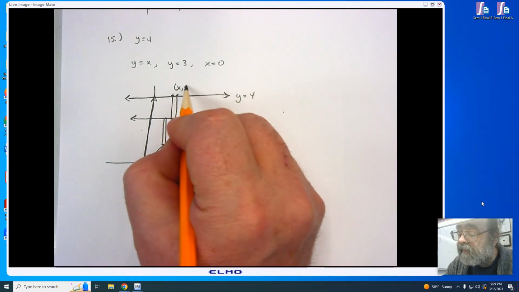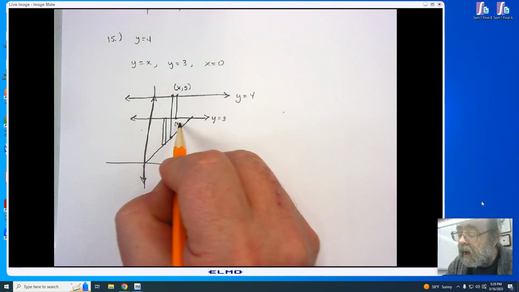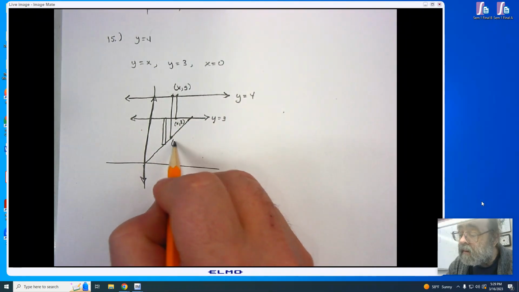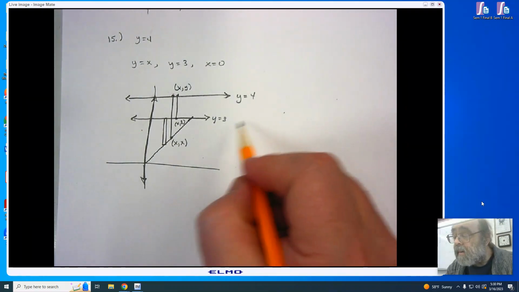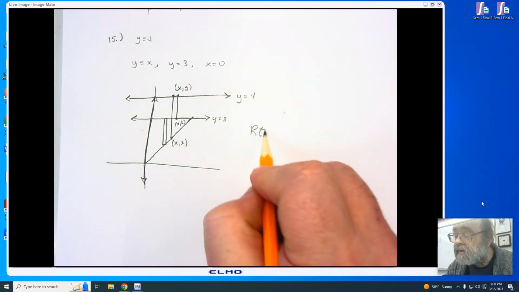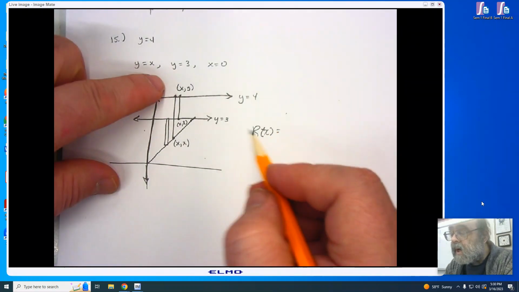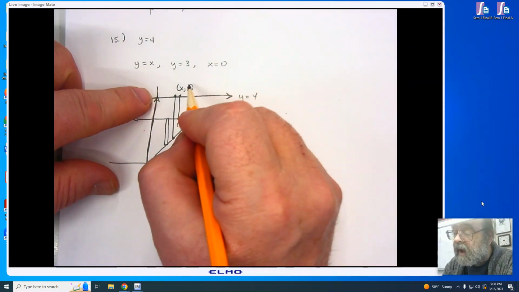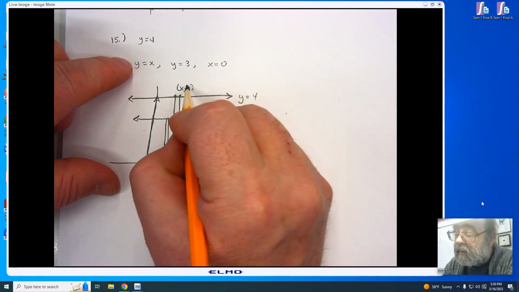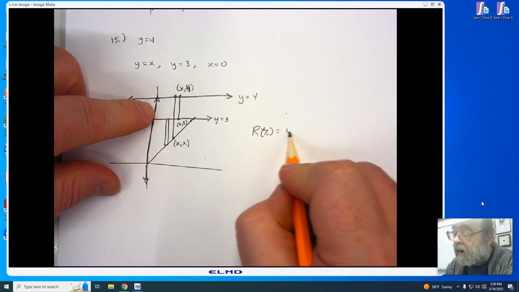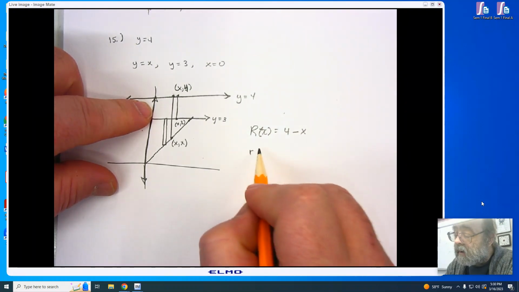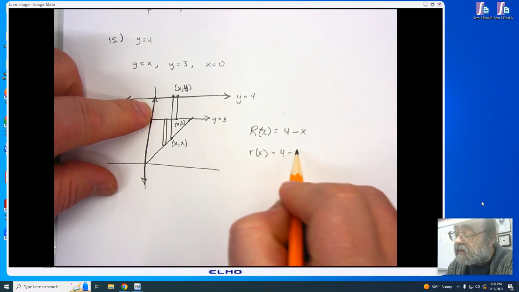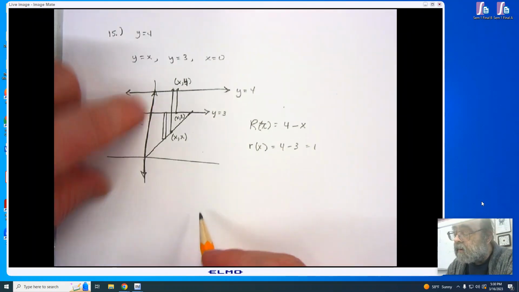So this is x comma 4, x comma 3, x comma x. So my big R of x is, let's make sure I have that down, that was 4. So I have 4 minus x. That's my big R. My little r is 4 minus 3, which is just 1.